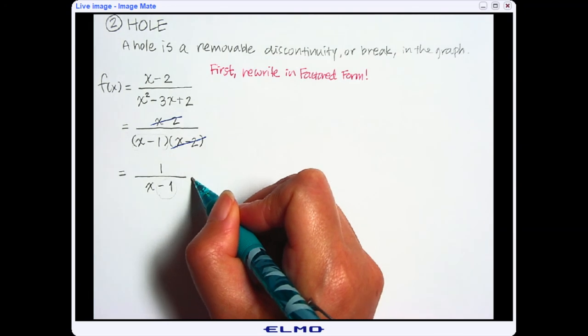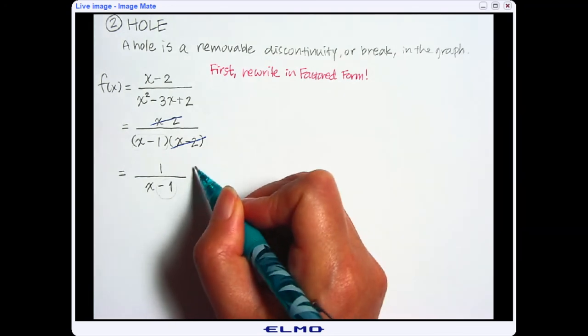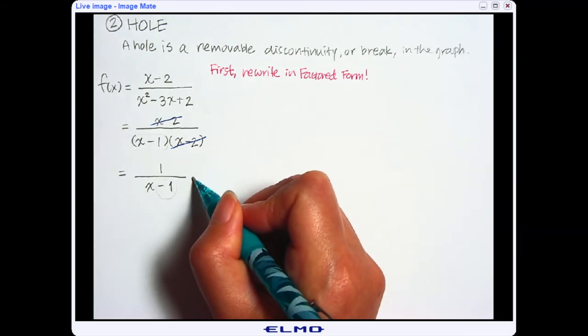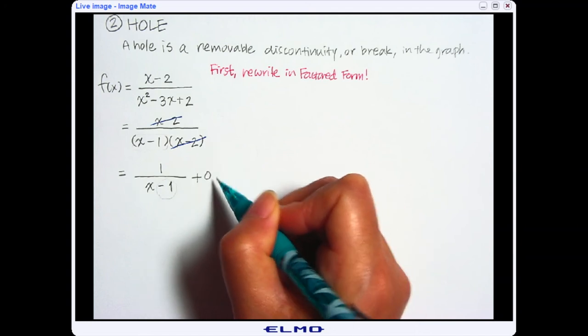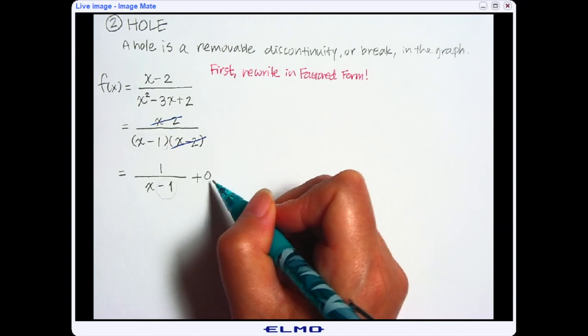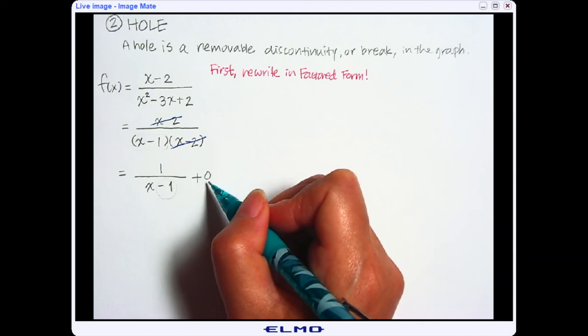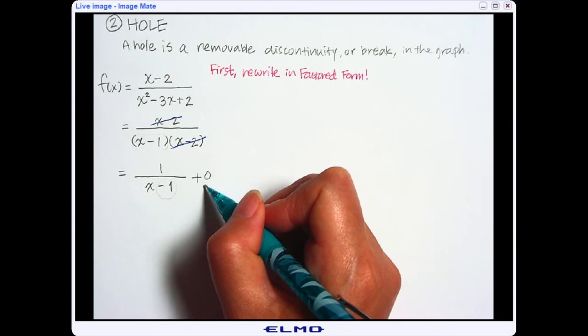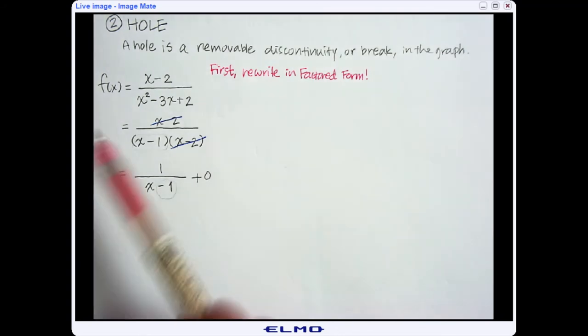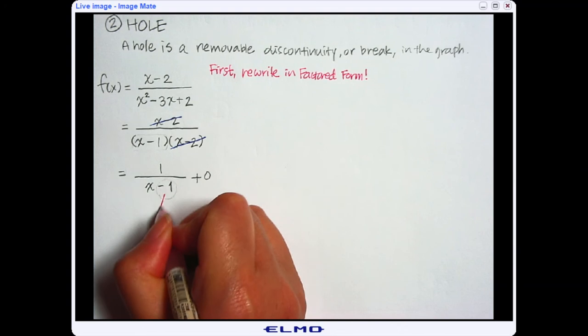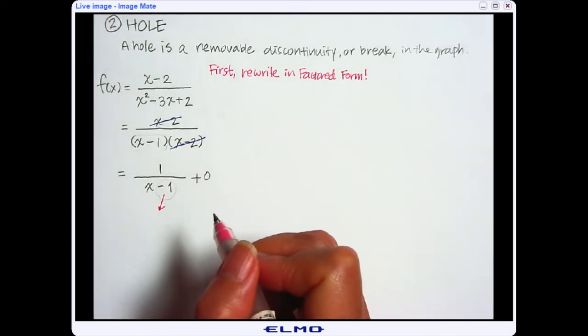There might have been something here, but it's not there. So then I can consider it is plus 0. Then this tells you there's no vertical shift up or down. So then this will tell you the asymptote right away.